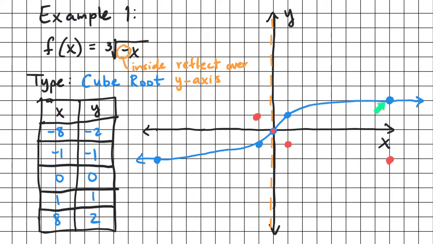And then this point over here of the parent function, if I were to reflect this, I would have to go 8 units to the left. So over here. And so let me connect this.